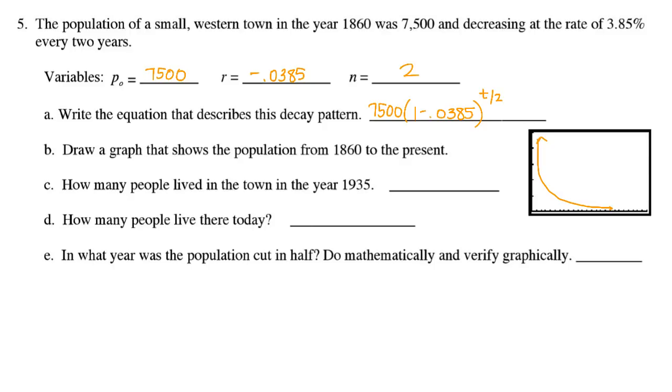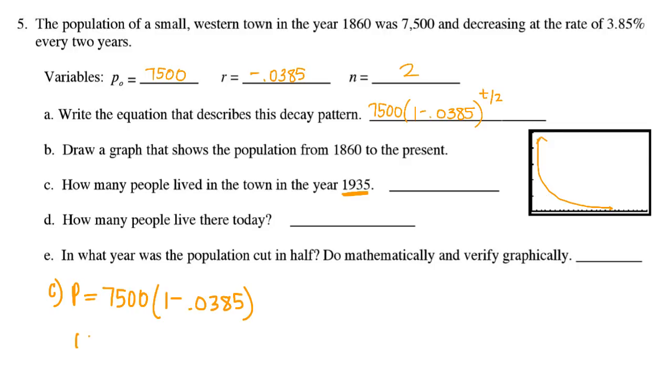Okay, and so the first thing we need to do in part C is to see what the actual time frame is, because it's not 1935. You have to remember what year you were starting from. So when we set up part C, our new population is going to be equal to 7,500 times 1 minus, this time, because our population is decreasing, 0.0385, and it's raised to that, and we have to see how many years have passed.